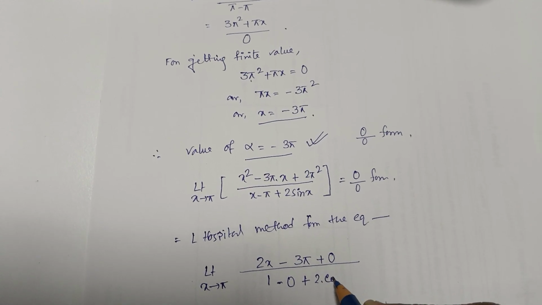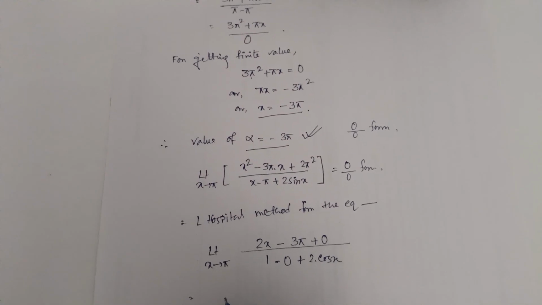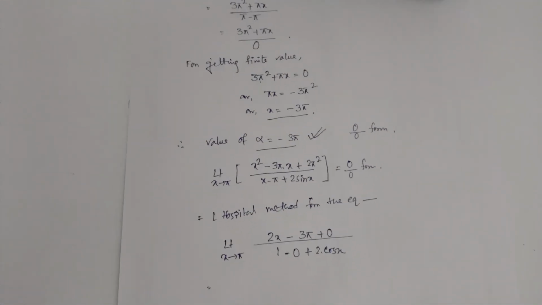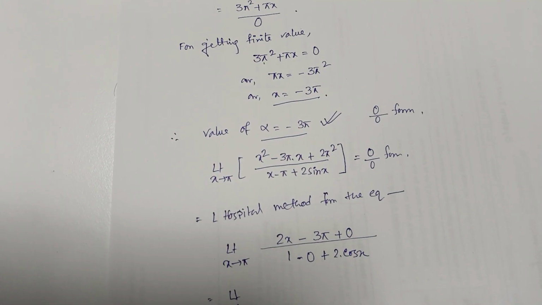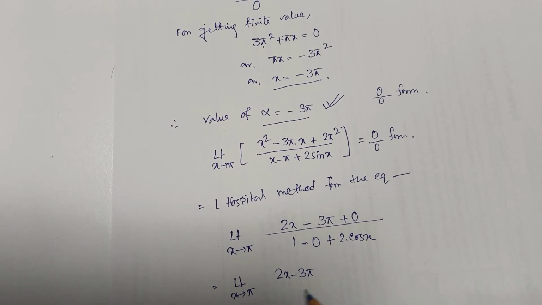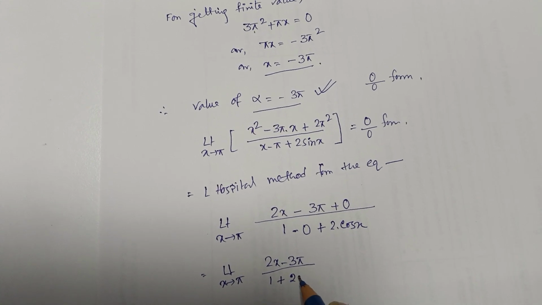So we get the limit as x tends to pi of (2x minus 3 pi) by (1 plus 2 cos x).